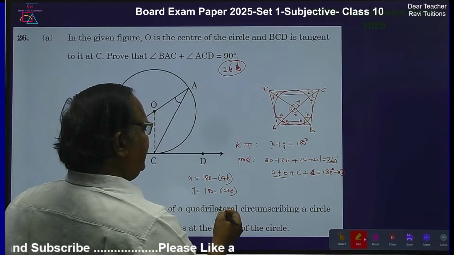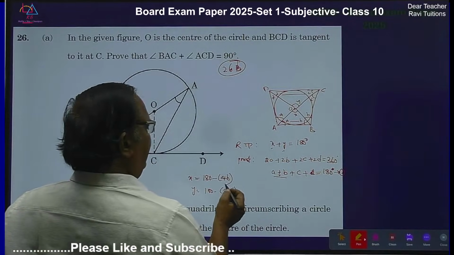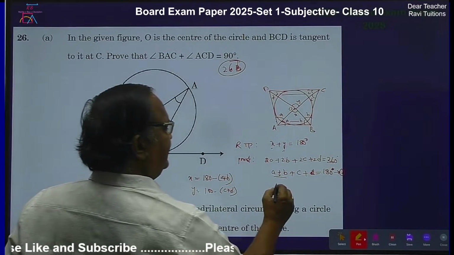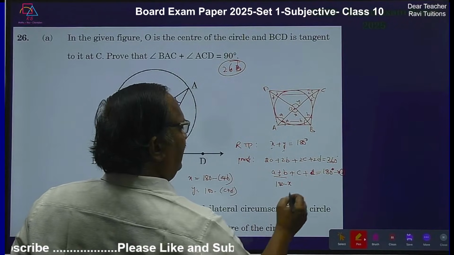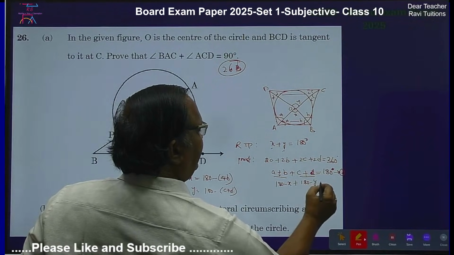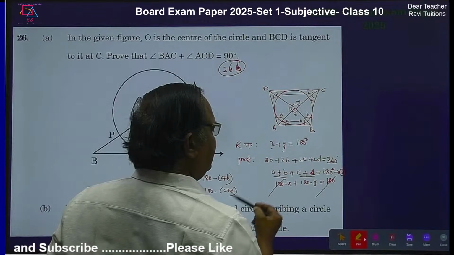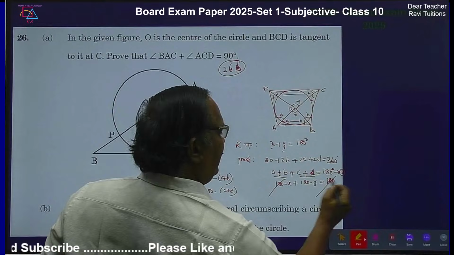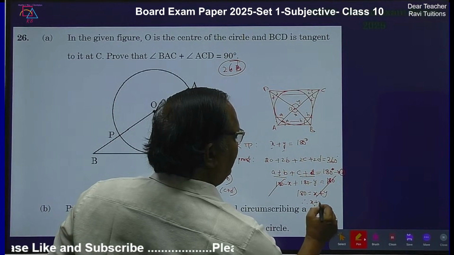So now let us write in the place of A plus B, 180 minus (A plus B) is equal to 180 minus X. So here 180 minus X, and in the place of C plus D, 180 minus Y is equal to 180. Across 180 is cancelled. Send minus X and minus Y to the other side. Therefore 180 is equal to X plus Y. Therefore X plus Y is equal to 180.